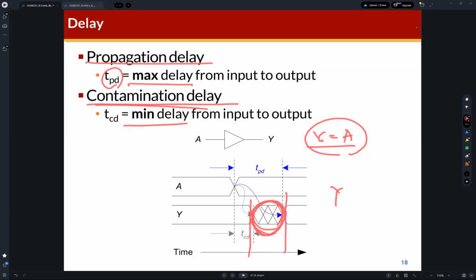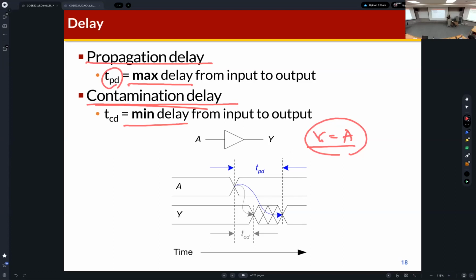Okay, that's because there are two kinds of delays. Why is it so complex? It's not simple, right? Even when we consider the delay it's not easy, but we also need to consider the two kinds of delay in the circuit. There are many factors that determine the propagation delay, the maximum delay, and the contamination delay, the minimum delay.